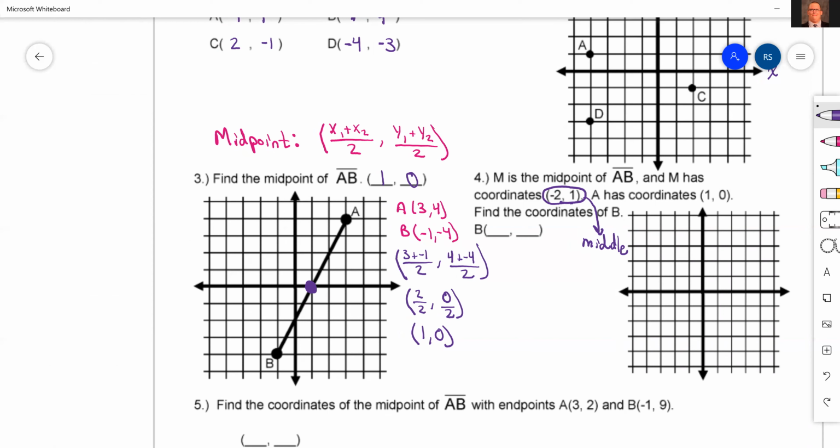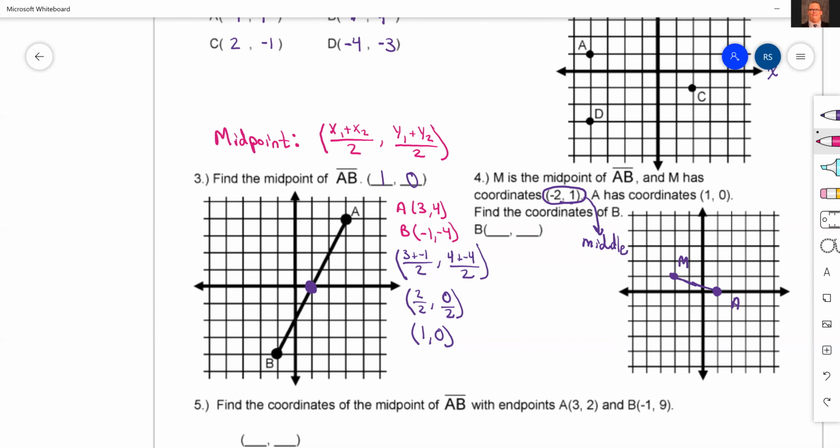So let's graph A. A is at 1, 0. M is at -2, 1. So then I have to ask myself, how did I move to go to M?